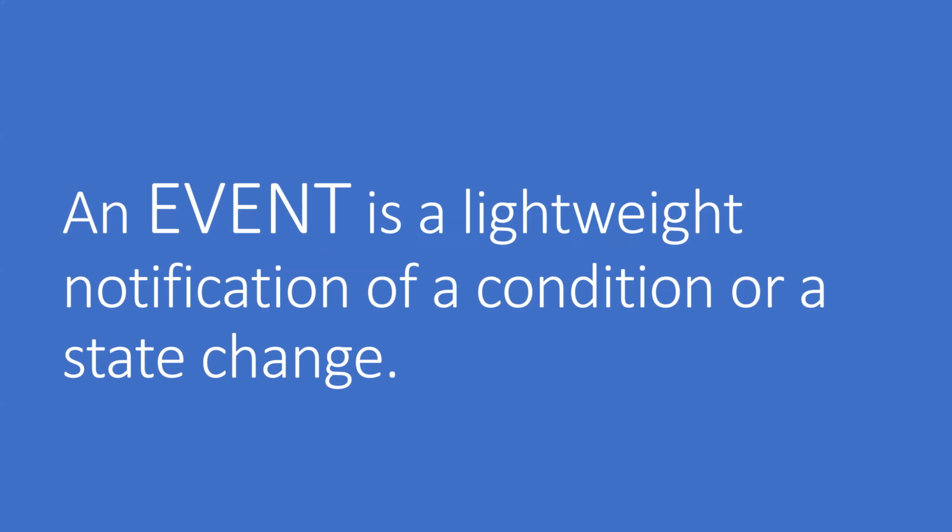Now, an event is a lightweight notification of a condition or a state change, okay? I'm going to highlight the lightweight notification. So something very simple that happened might come out to us or might not, depending on whether the event happened or not.